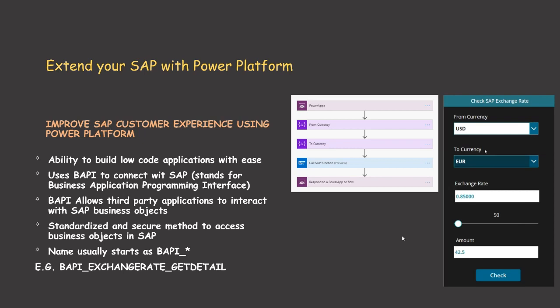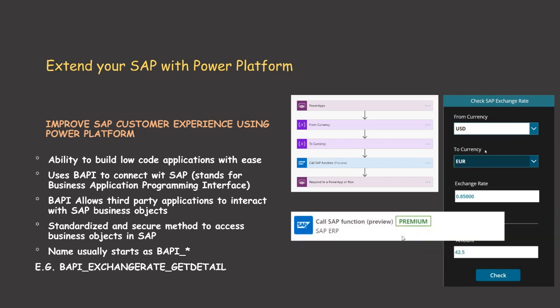So at a high level, what you need to know is that there's a premium connector called SAP function, and what you will leverage is the BAPI. BAPI is the one which we will use to collect the data. For example, in this function, you have the BAPI exchange rate get detail. If you use this, it will give you the exchange rate detail.